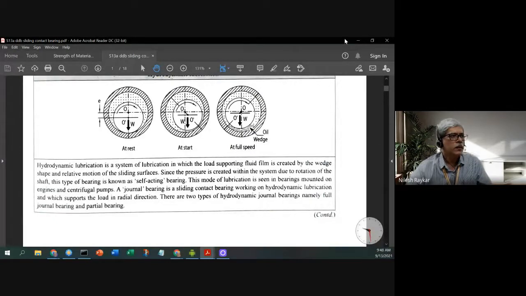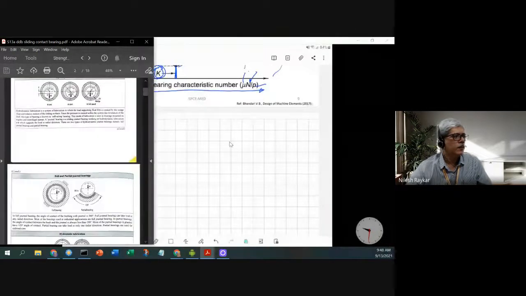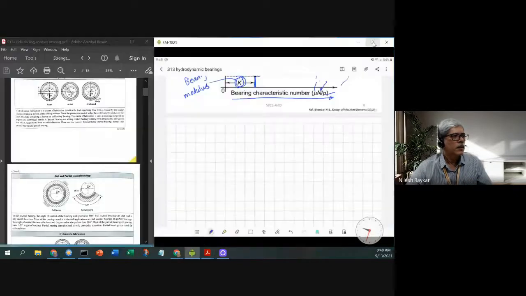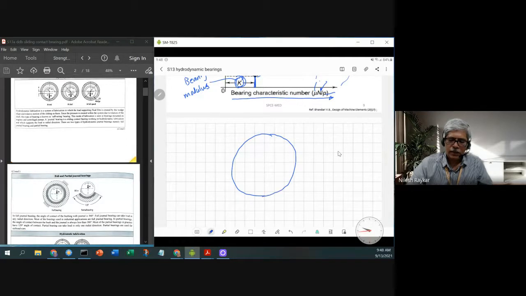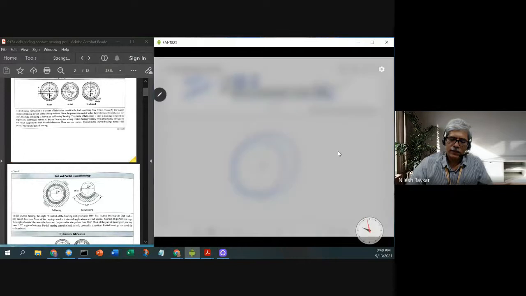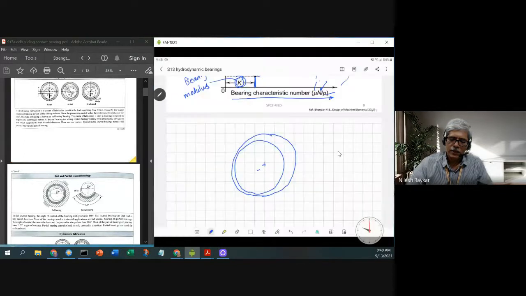So to bring back our discussion, if this is the sleeve, during operation the journal settles down somewhere eccentrically with respect to the sleeve. This is the center of the journal, and this is the center of the shaft.